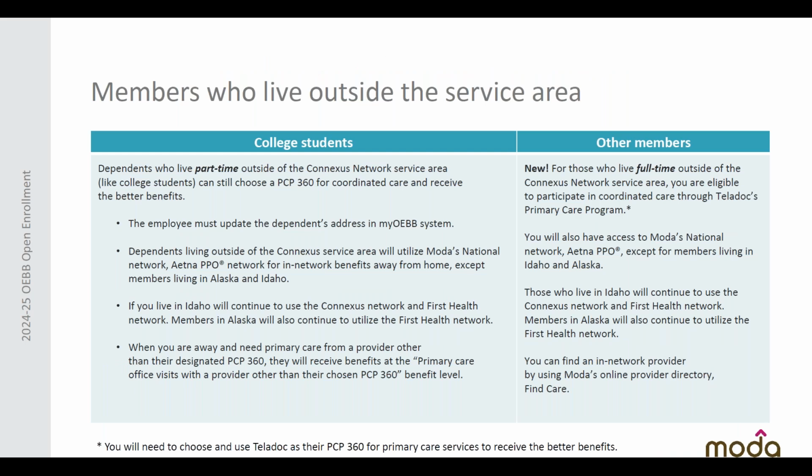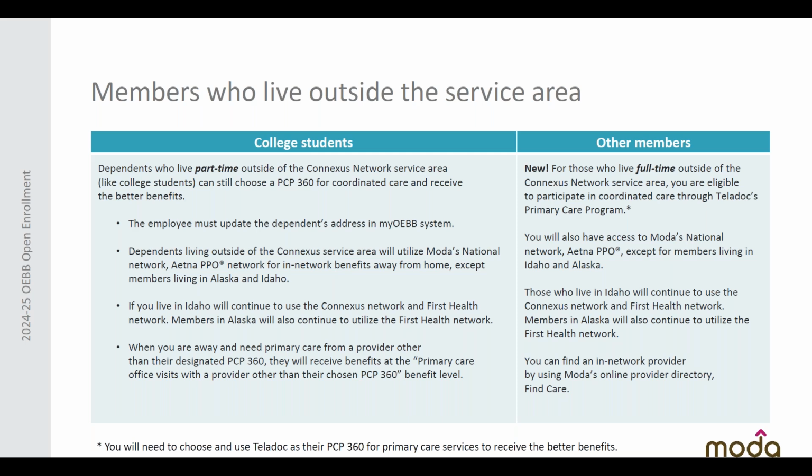Members who live outside the service area, so dependents who live part-time outside the Connexus service area, like college students, can still choose a PCP 360 for coordinated care and receive those better benefits. We do ask that you, as the employee, update your dependent's address in the My OEBB system, because that will let us know the correct network to move that dependent in.